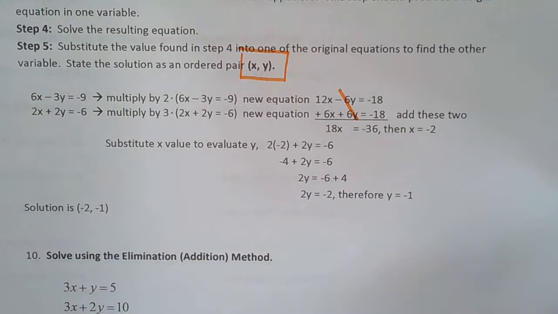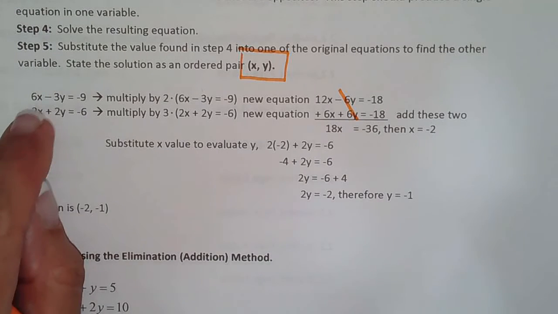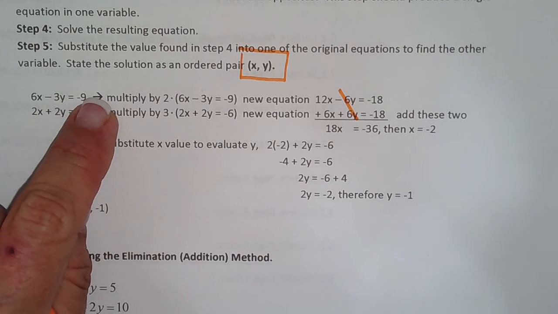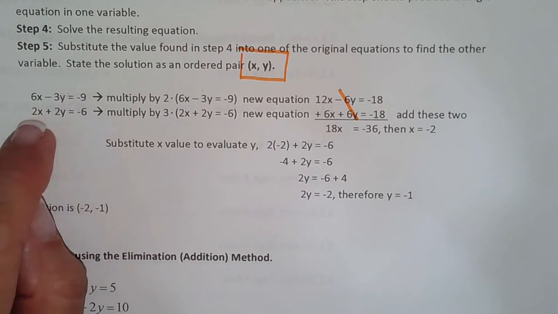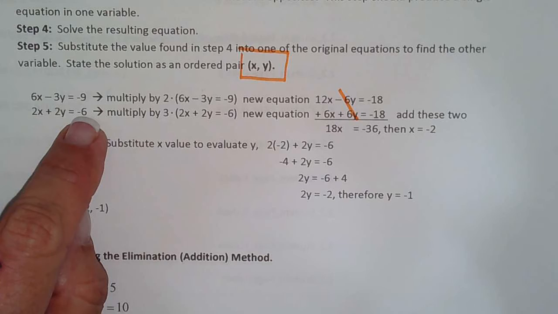So we're looking for where these two lines cross. So we don't need to solve for y in this method. This method's totally different than substitution. Substitution requires one of the equations to be solved for y. Elimination method or addition method wants them both in standard form, an x, a y, and on the other side of the equal sign a number.